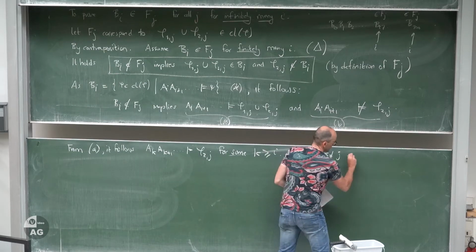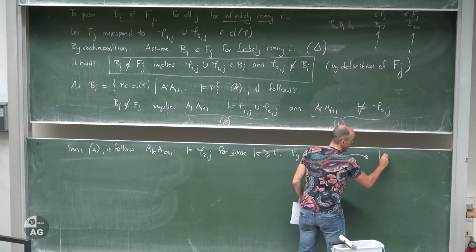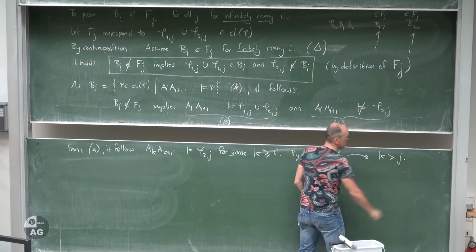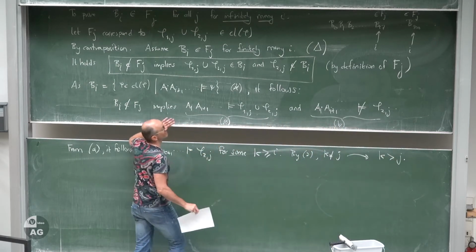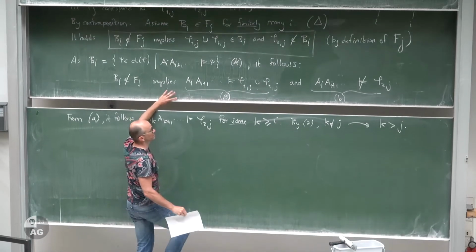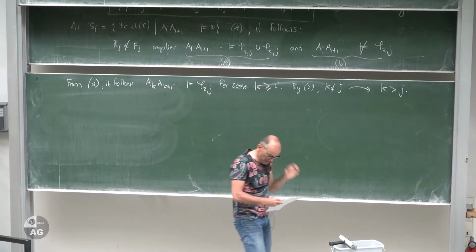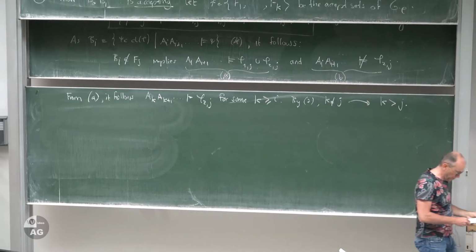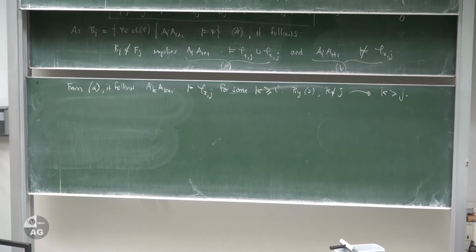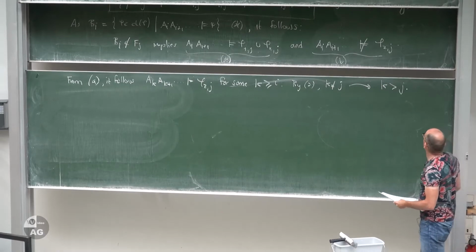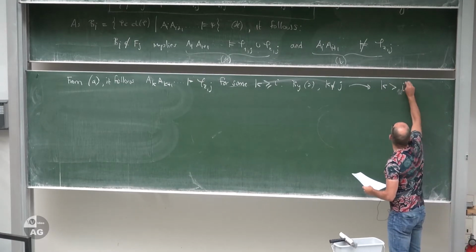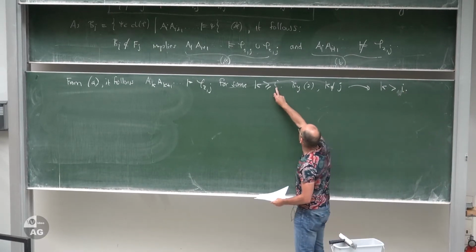So, what do we know? K is strictly larger than I. Sorry, not j.